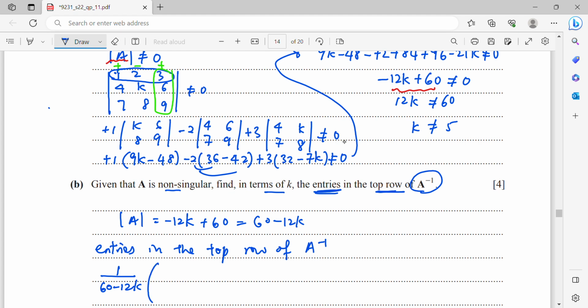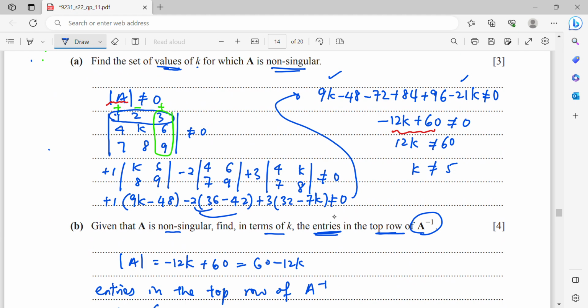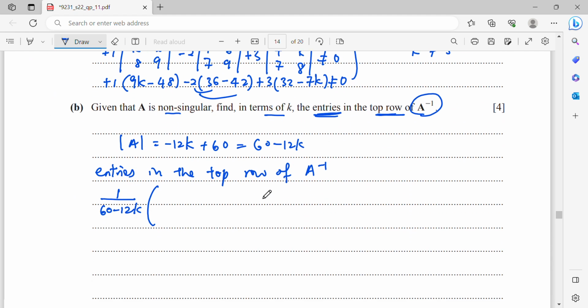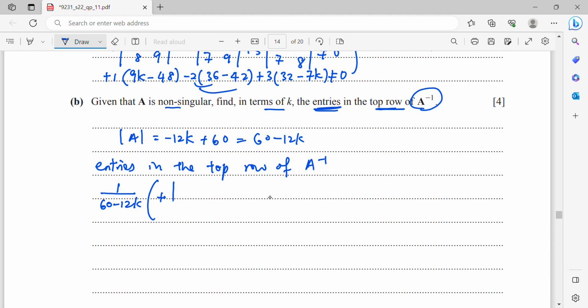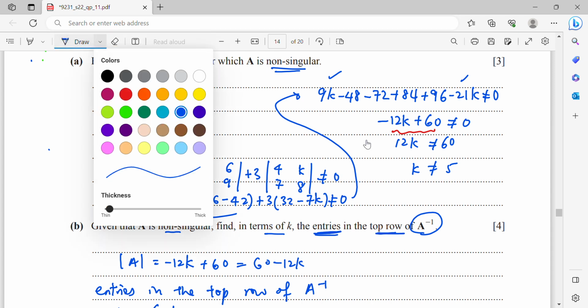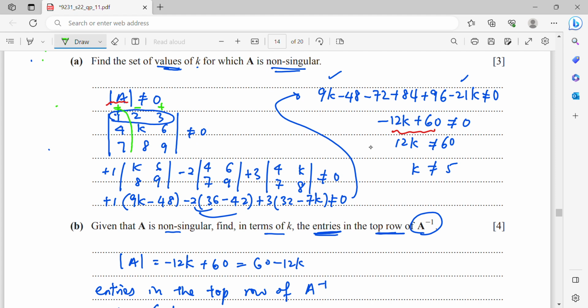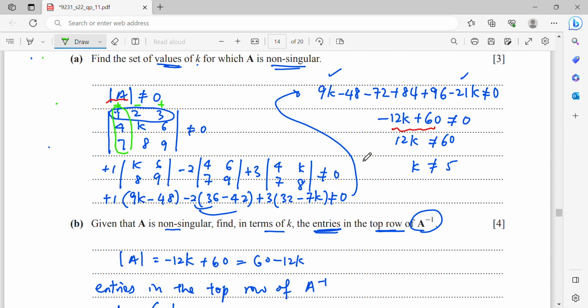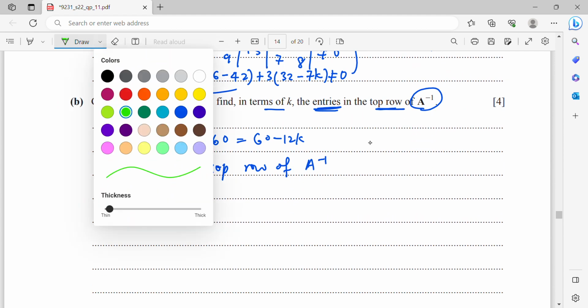When you consider the first one, the sign is plus, so I will write plus here. Then the determinant of the 2 by 2 matrix will be, I will erase all this. When you cover the first row and first column, you get k, 6, 8, 9. And now I consider by rows, so k, 6, 8, 9.